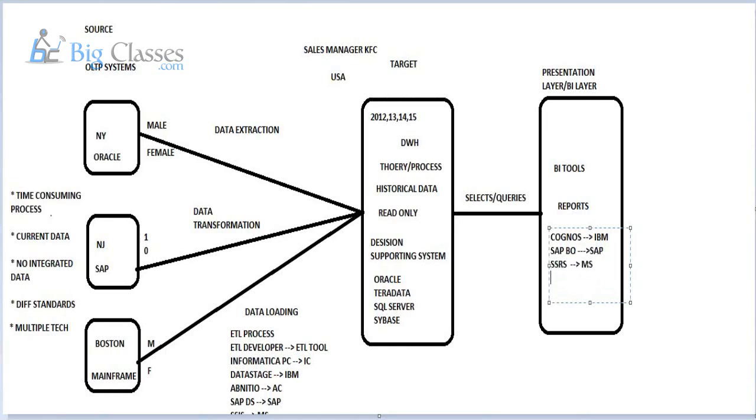There is also MicroStrategy, which is from MicroStrategy Corporation. We have different other BA tools which present the data in the form of reports in order to represent the data.